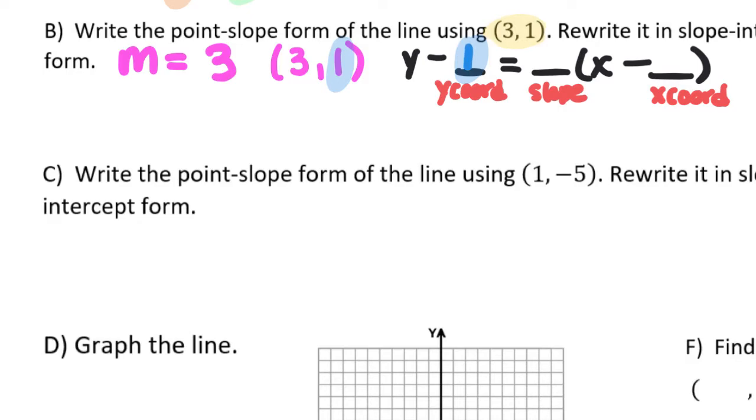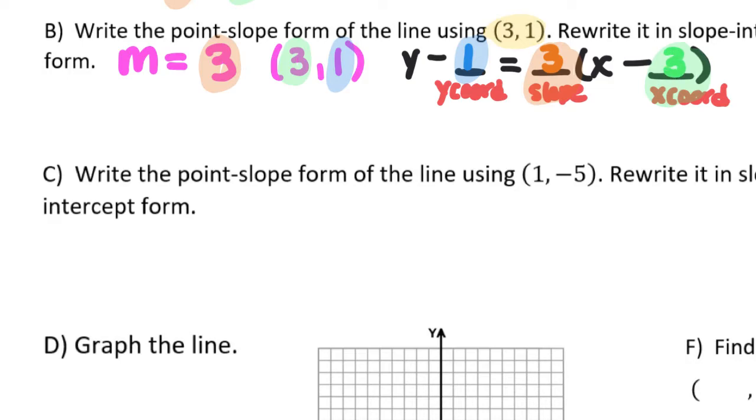Then I need to identify the slope, which from what's given to me that we calculated before, the slope was 3. So I can fill in a 3 into this blank. And then lastly, we need the x coordinate, which is 3. So I can fill in a 3 into this blank.